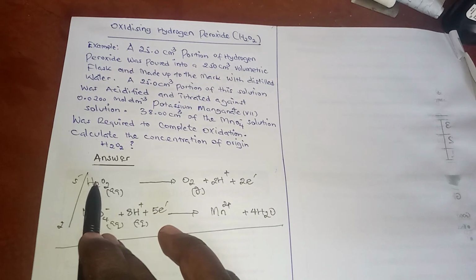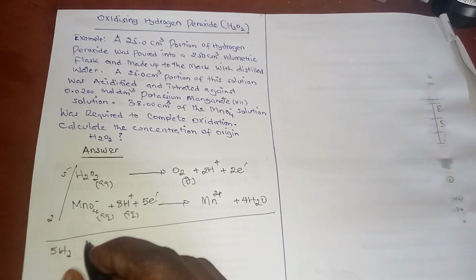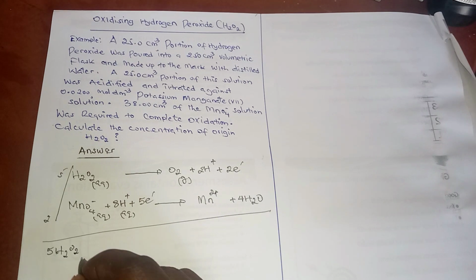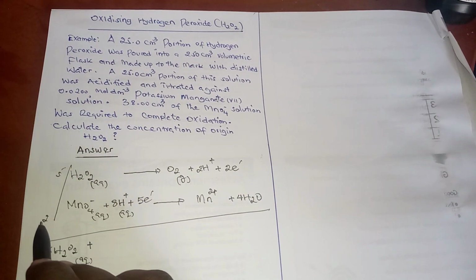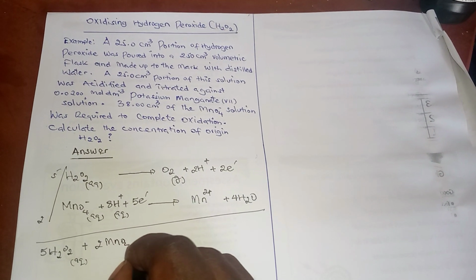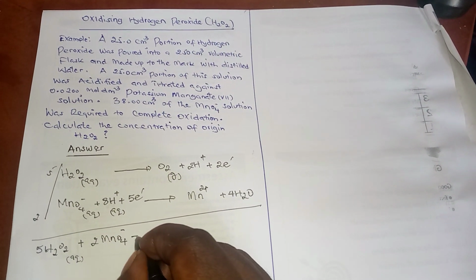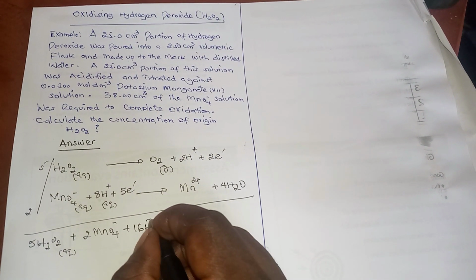Now this 5 we multiply here to get 5 hydrogen peroxide. Still it is aqueous. Plus 2 multiplied here, it becomes 2 manganate. Plus 2 times 8 becomes 16 H plus.